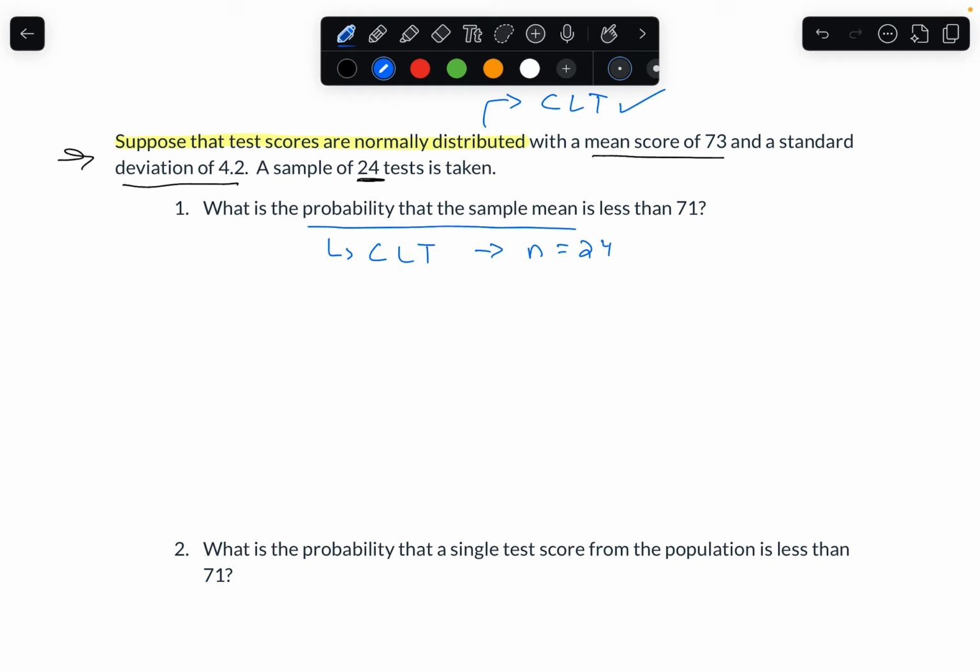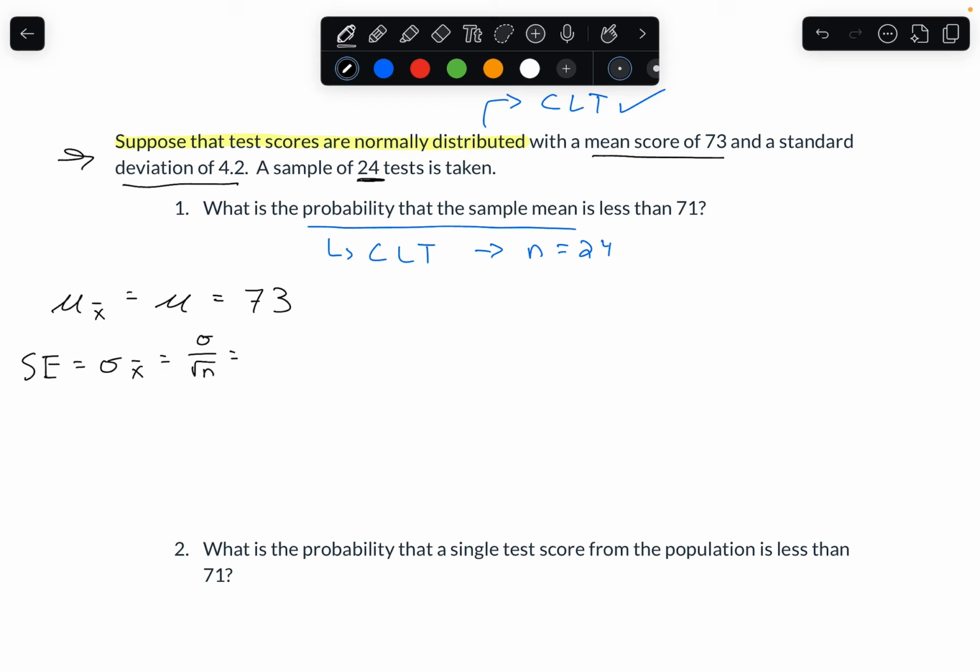The sampling distribution of our x bars, of our sample means, will be normal. So we need to start by finding the mean of the sampling distribution, the mean of our various x bars. Remember, that's the same as the population mean, which they tell us is 73. The standard error, or the standard deviation of the sampling distribution of sample means, is the standard deviation of the population divided by the square root of my sample size n.